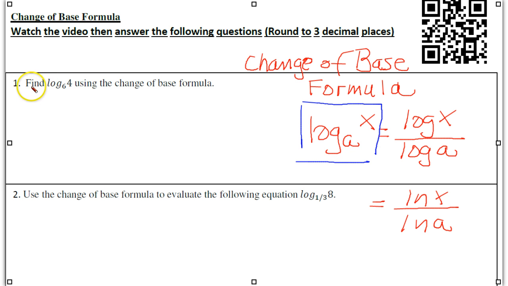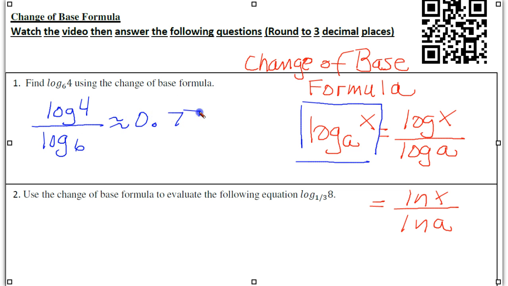So, we want to find what this is. So this will be the log of 4 divided by the log of 6. Put that into your calculator and you get approximately 0.774, and they're asking you to round to 3 decimal places.